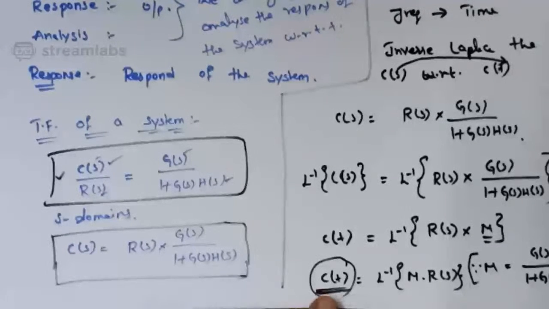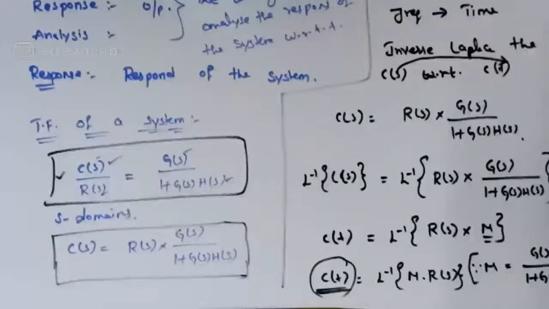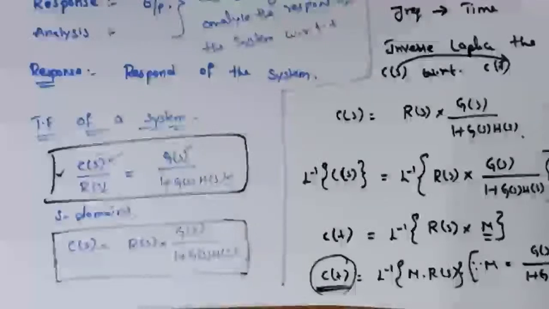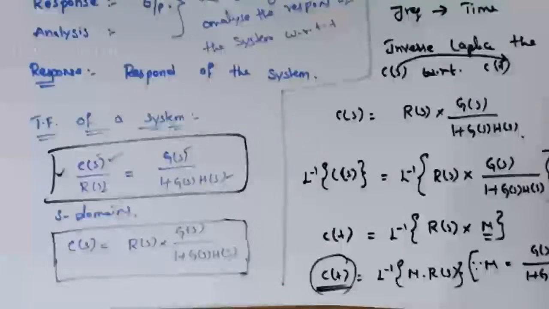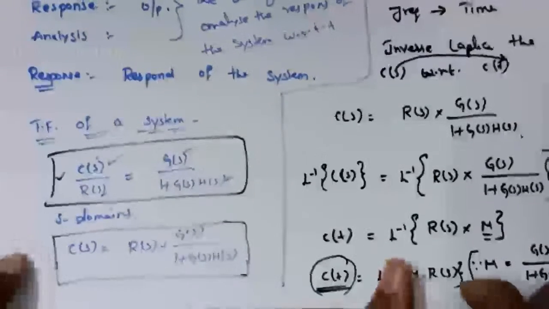By applying those test signals as input, we get an output, and we are going to analyze the response with respect to time. Now we are going to learn about the test signals. So our next topic is test signals.